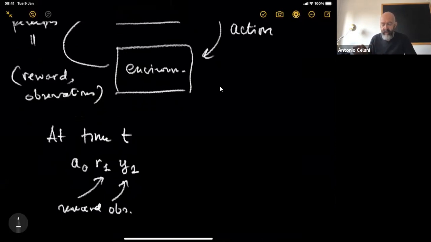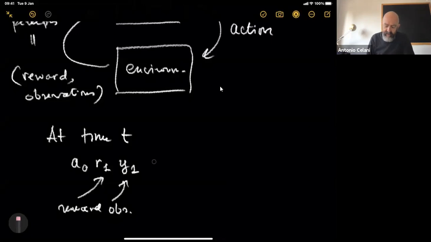Here we're always discussing discrete approximations in order to make the notation and the algorithms clearer, but the general problem of reinforcement learning generically addresses the situation where these objects are real.